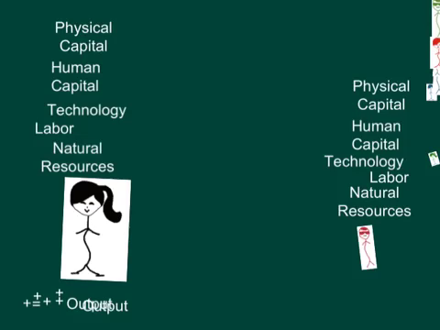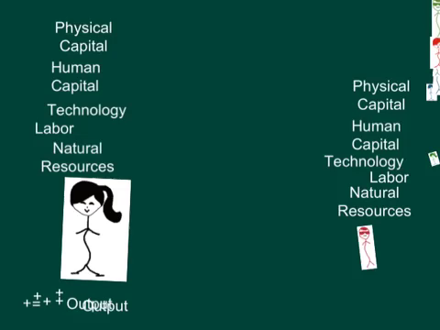Jane's production function is going to be, she's going to be much more productive because of the working together here of all of her resources, whereas Joe is not going to be as productive because of the function of his resources here.